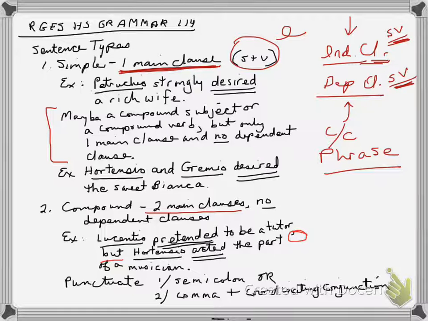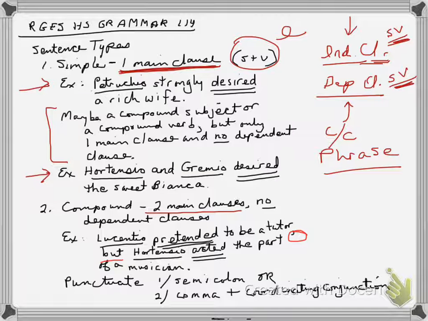What do I mean by compound subject? I could say Hortensio and Gremio desired the sweet Bianca. That would be a compound subject. 2 people, 1 verb. Or I could say 1 person, 2 verbs. That also qualifies for a simple sentence. Notice, no commas here.